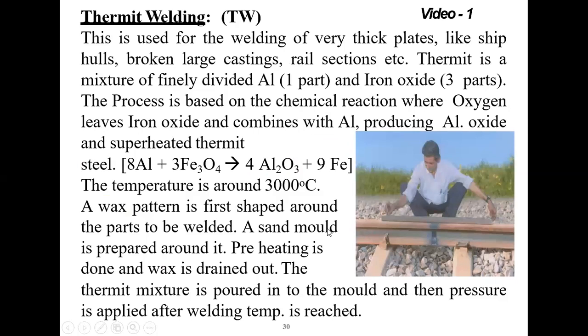Another important welding that is not in your syllabus, but I am still discussing because of interest. In the case of railway line joints, we use this type of welding. This is under the chemical welding portion, and it is called thermit welding. In thermit welding, basically we use iron oxide, aluminum, and iron powder.